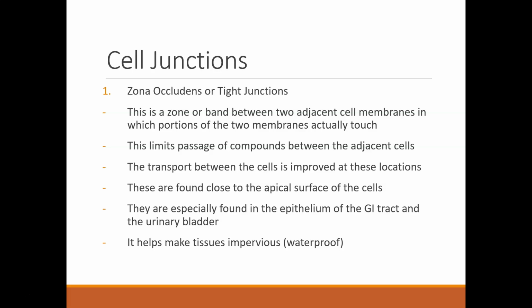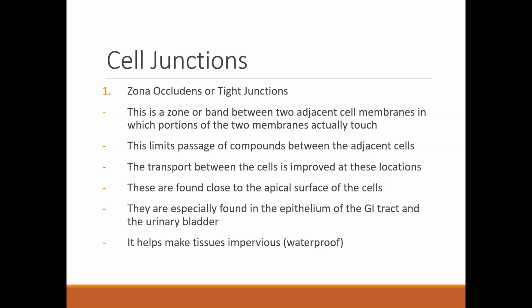These tight junctions, or zona occludens, are found very high up when we think of the depth of tissue, especially in a stratified tissue. They're found in the higher parts of the tissue. So we say that these zona occludens, or tight junctions, are found close to the apical surface of the cells.